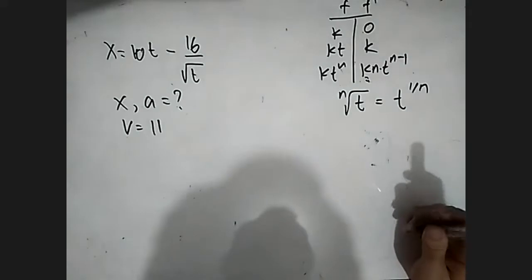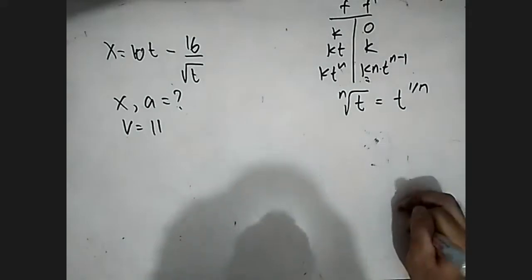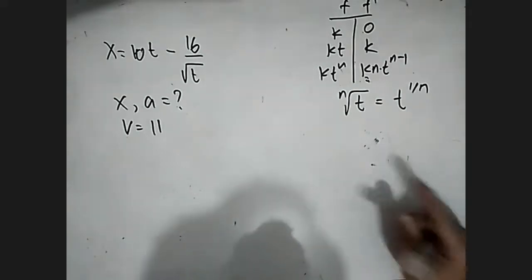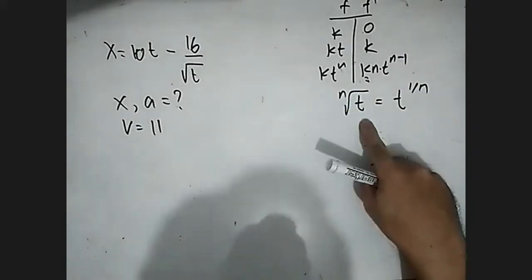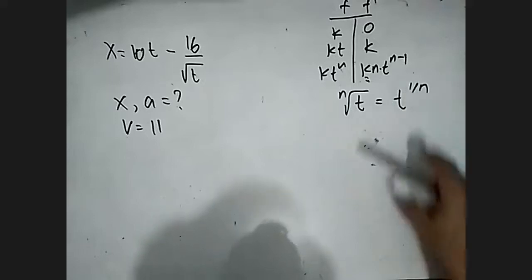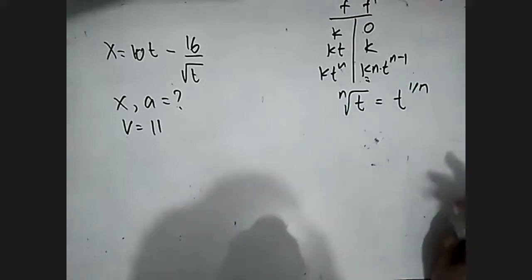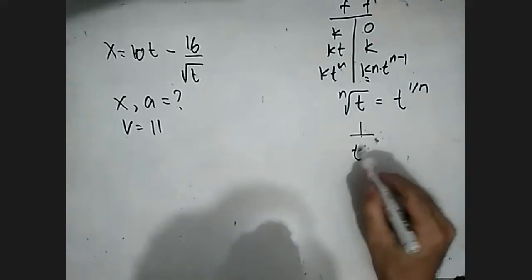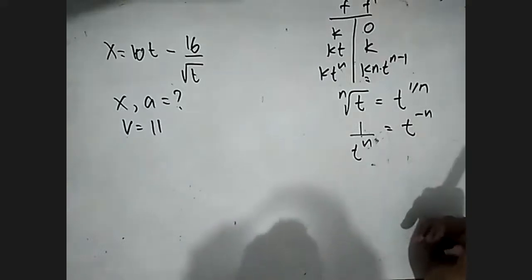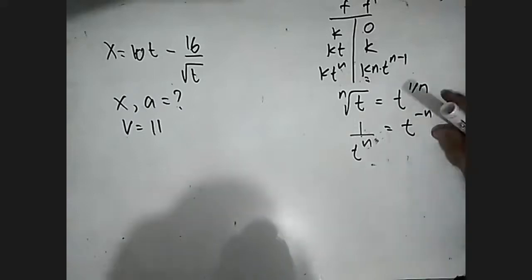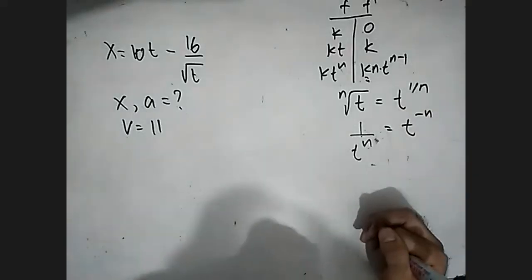This is the formula that we need to use. The first formula is if we have the nth root of t, that's going to be t to the power of 1 over n. And the second, if we have 1 over t power n, that's t power minus n. These are the two formulas we're going to use throughout this chapter.